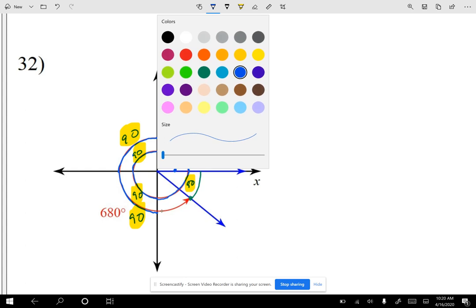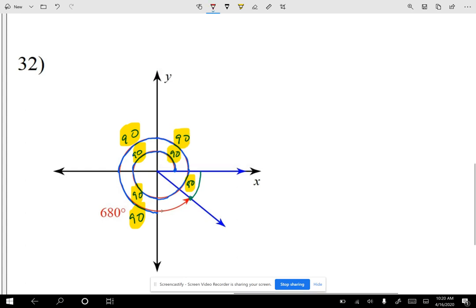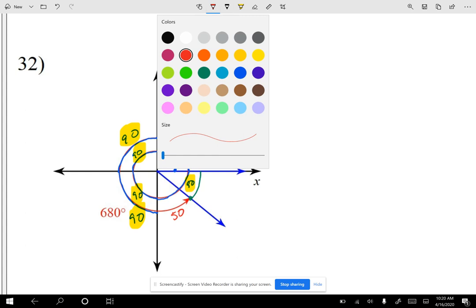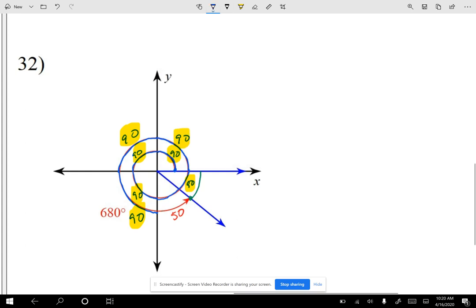So shouldn't I know this angle right here is 50? Because remember, the whole thing is 680. So far, I have 630. When I say so far, it is from the beginning all the way to here. So that's how I know that part is 50. All right, so I know this whole thing right here is 90.